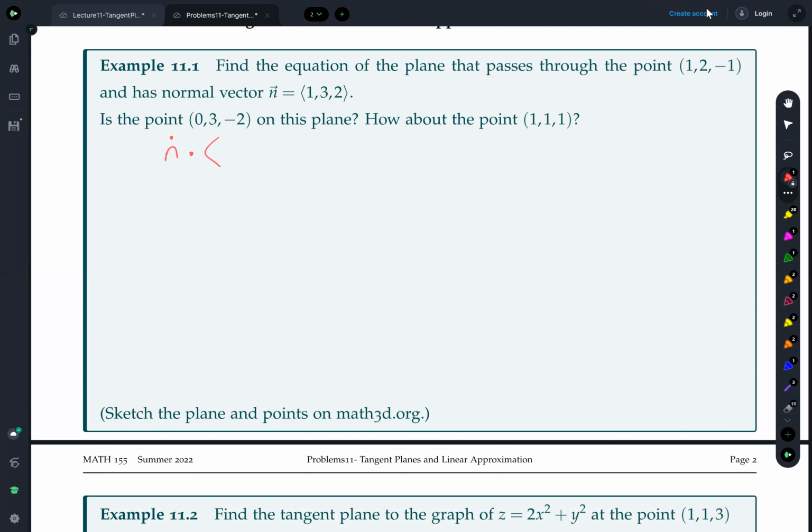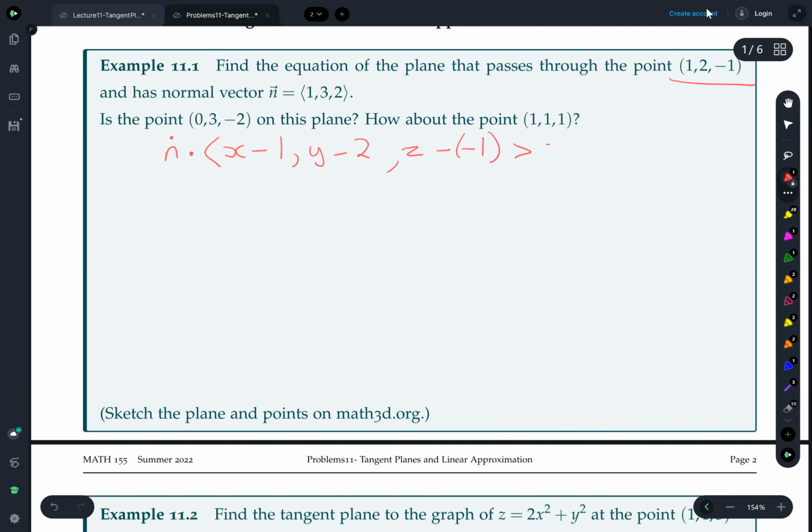If our point in the plane is given by (x, y, z), and we know our initial point is (1, 2, -1), then the components of any vector in the plane are x minus the x component of that point, y minus the y component, and z minus the z component. And this has got to be equal to 0.